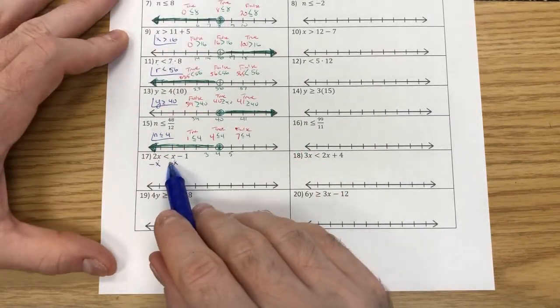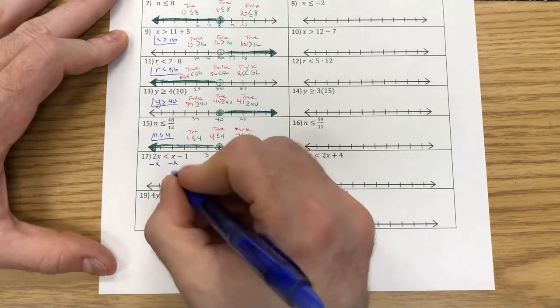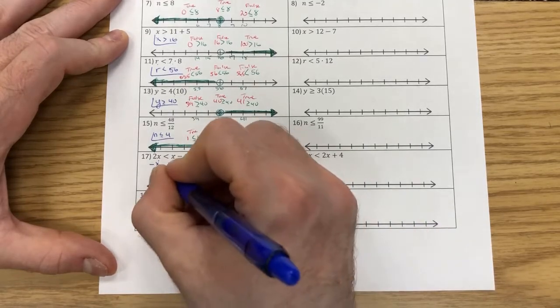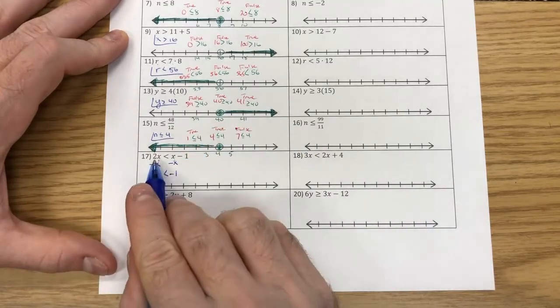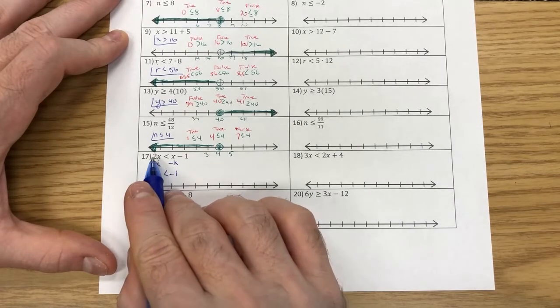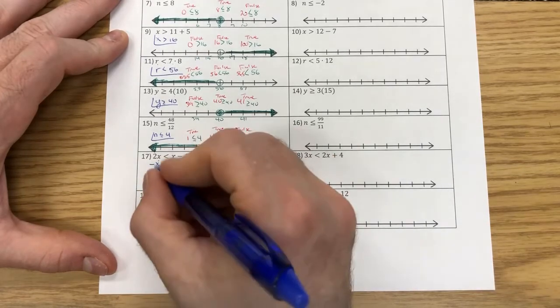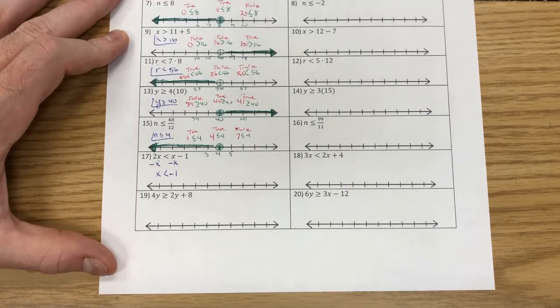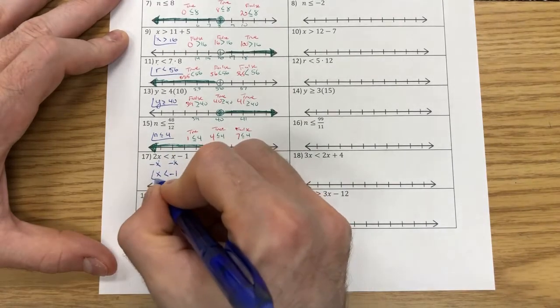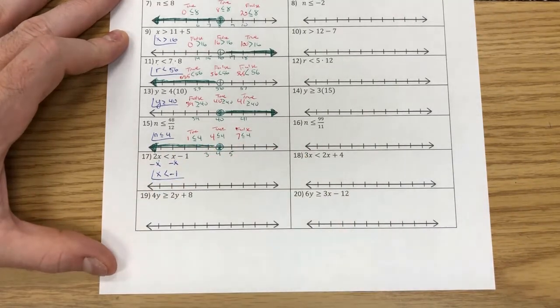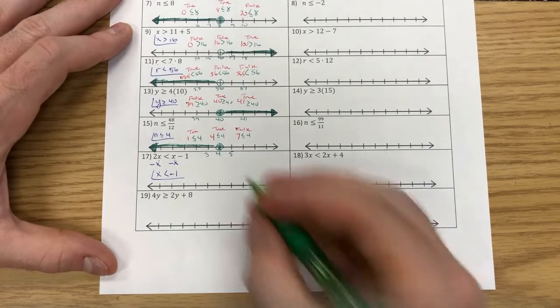So x take away x is nothing. It's just a -1. 2x take away x, well, 2 take away 1 is just 1. So I'm looking at values that are less than -1.